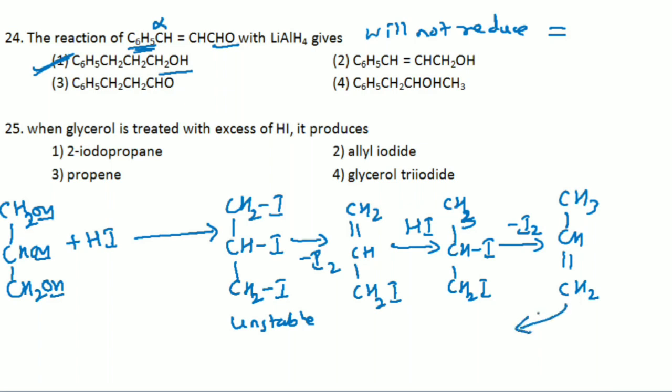Now this will react with HI once again because further excess they are telling. Once again double bond addition takes place to form the compound CH3, CHI, and here it becomes CH3. So this is 2-iodopropane, the final product you are going to get. So 2-iodopropane is the answer in this particular case. So 25th question, first one is the answer.